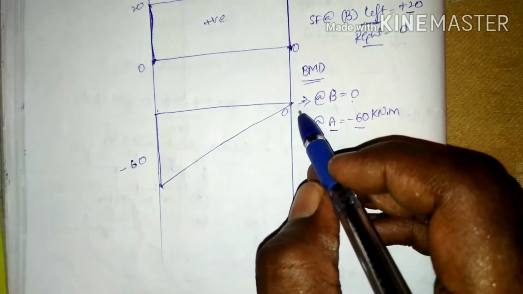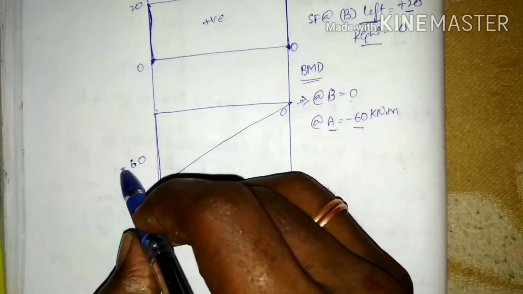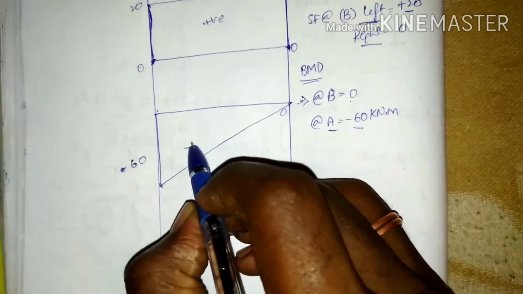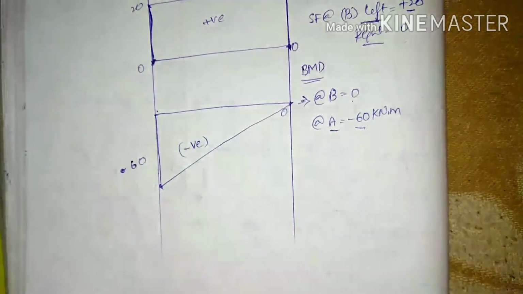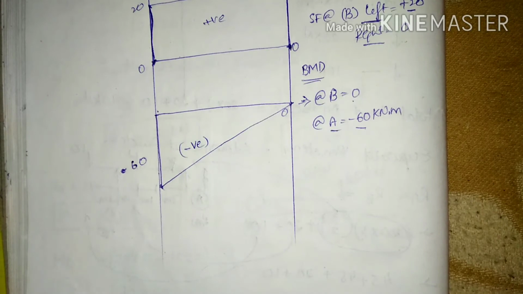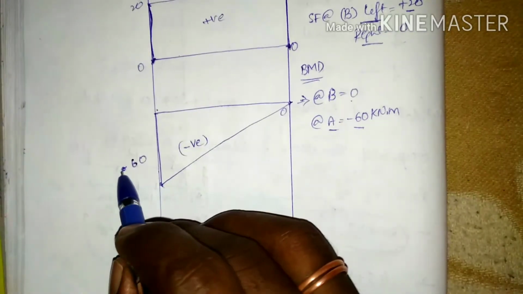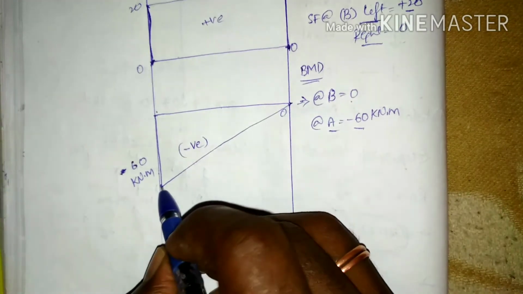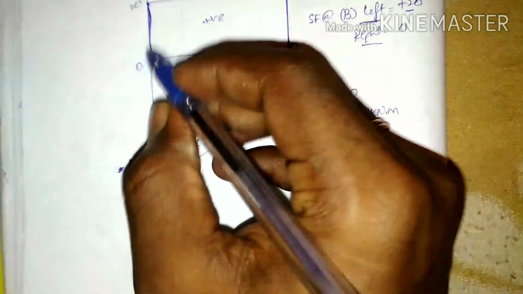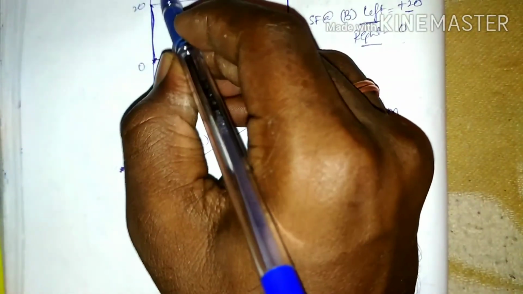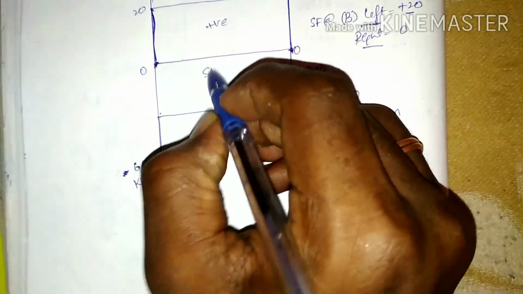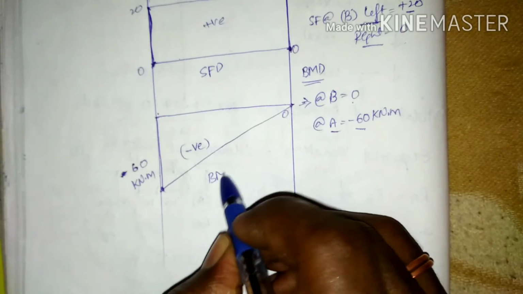You should not write the negative sign here because we draw the bending moment diagram on the negative axis, but you have to write the value and where it is acting. Here it is 20 kilonewtons, here also 20 kilonewtons. This is the shear force diagram and this is the bending moment diagram.